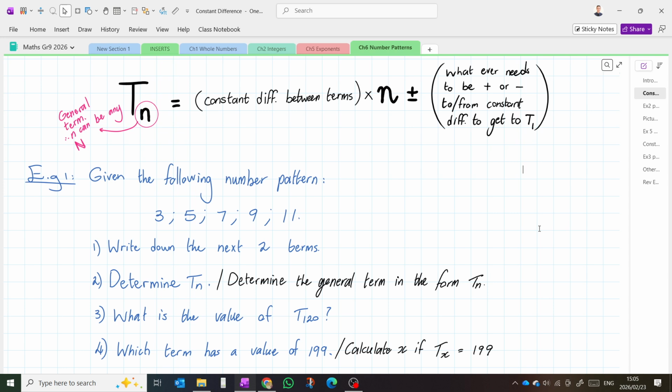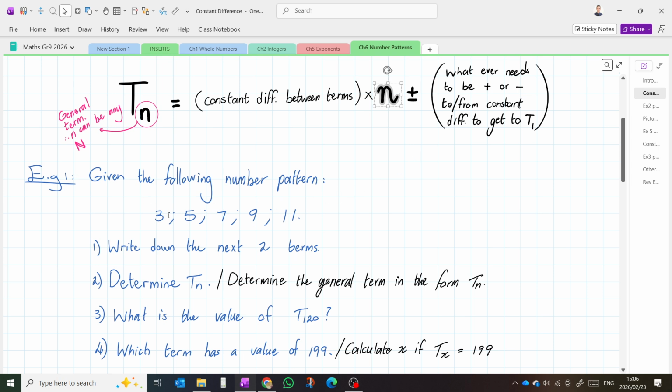They can ask you to determine the general term in the form Tn, or they can just say determine Tn. That will be the general solution. And the general solution will always be an equation that you can put in any value for n, which is a term number, and you will get back the value for that term.